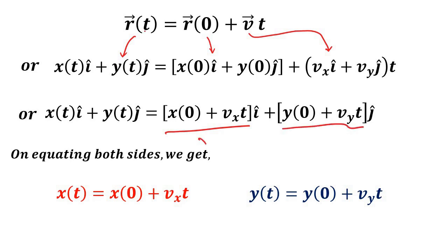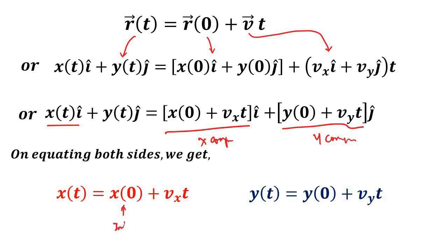This is the x component, this is the y component. So when we compare both sides, we have xt is equal to x0 plus vxt and yt is equal to y0 plus vyt.